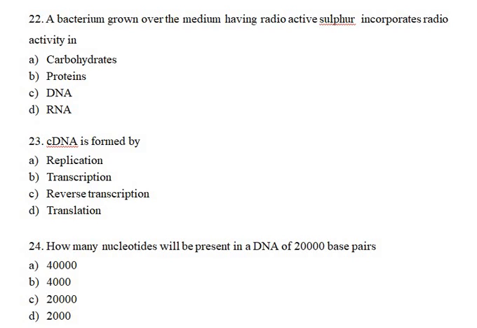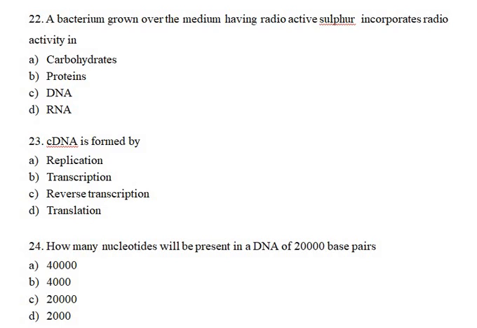So synthesis of daughter DNA from parental DNA is called replication. So option A is ruled out. Synthesis of RNA from DNA is called transcription. That is also ruled out. Option D, translation, which is nothing but synthesis of proteins from RNA, is called translation. So that is also ruled out. So reverse transcription is the right answer.